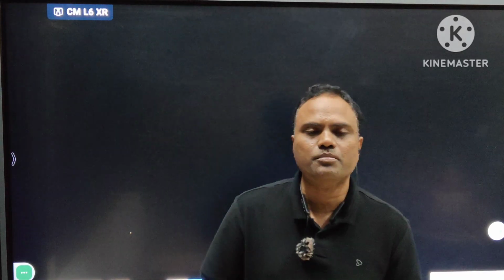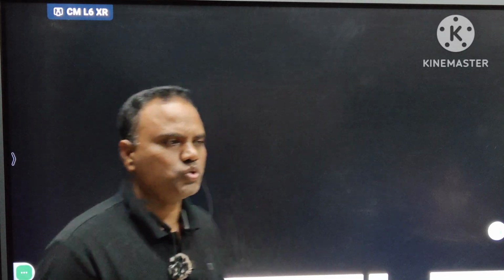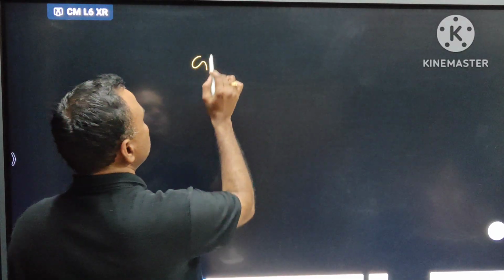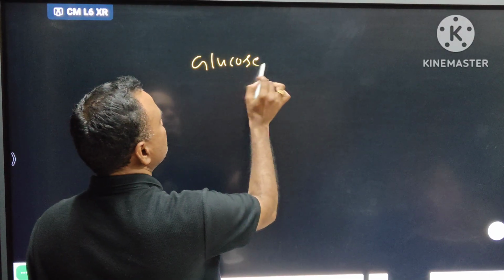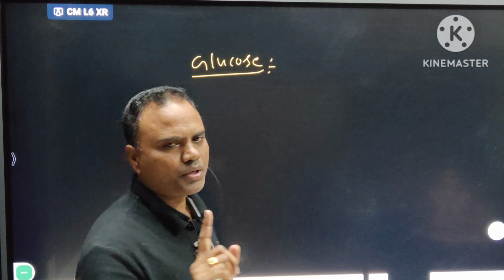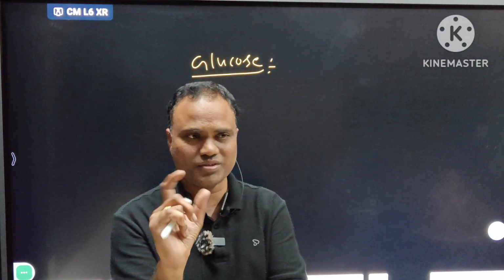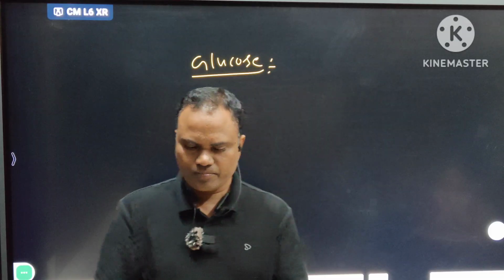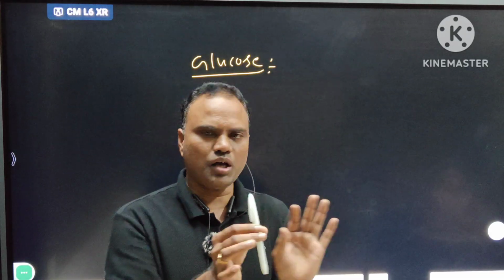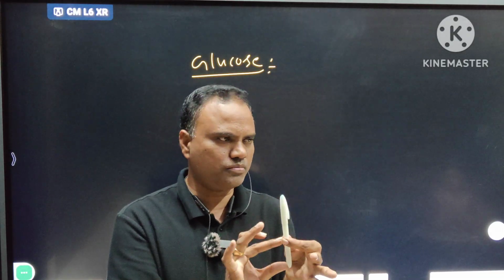This is about the aldoses classification. Now coming to the first compound, glucose. Glucose structural analysis. Definitely 1 or 2 questions will come. One question is 100% on the glucose analysis. See, we will take one unknown compound in a test tube.